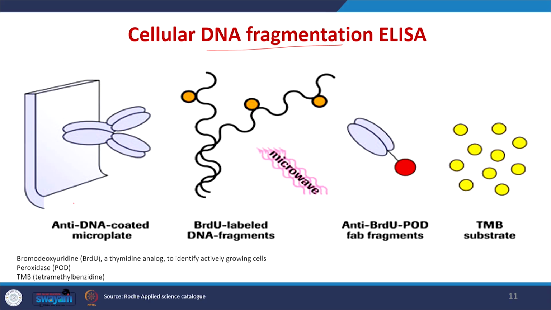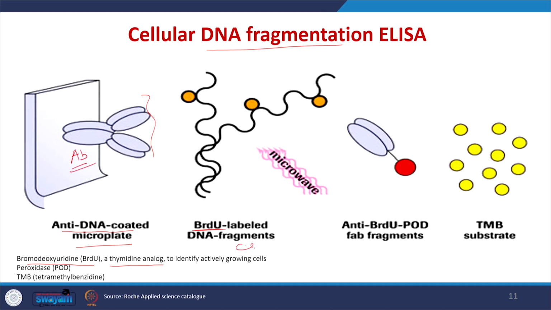For that, we have to coat the microplate with the anti-DNA antibody. That means this antibody is against the DNA, so the DNA can bind to this antibody, and before that we have to label the DNA of the cells with BrdU. BrdU is bromodeoxyuridine, a thymidine analog, and this will be attached to the DNA of the cells.